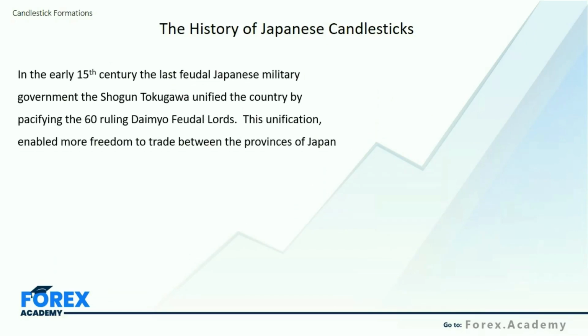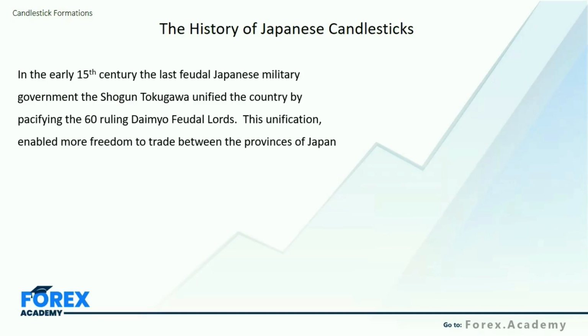In the early 15th century, the last feudal Japanese military government, which were referred to as the Shogun Tokugawa, unified Japan by pacifying the 60 different ruling daimyo feudal lords. Now, this unification was quite important.